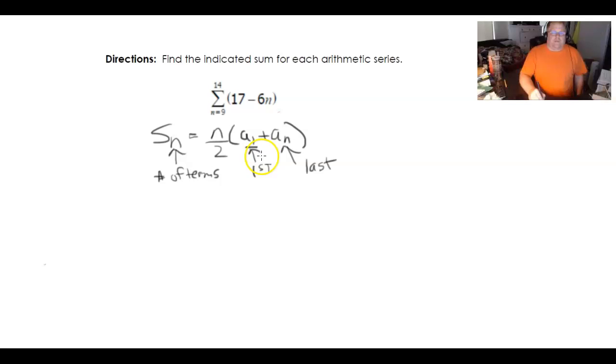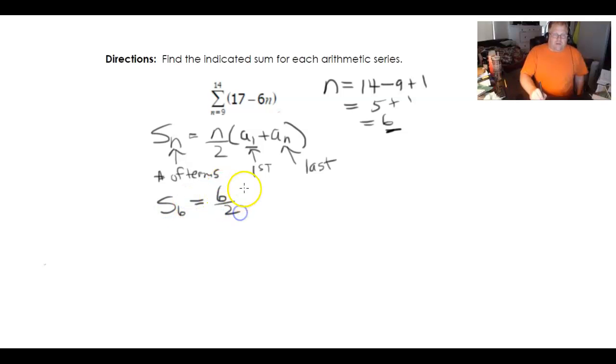In this case, n is equal to the top number minus the bottom number plus 1. So that's 5 plus 1, so that's 6. So we are doing the sum of 6 numbers.